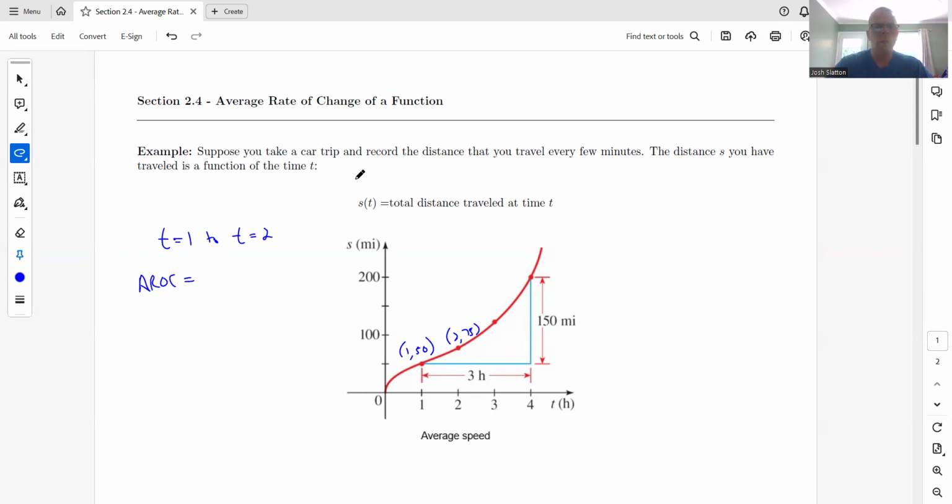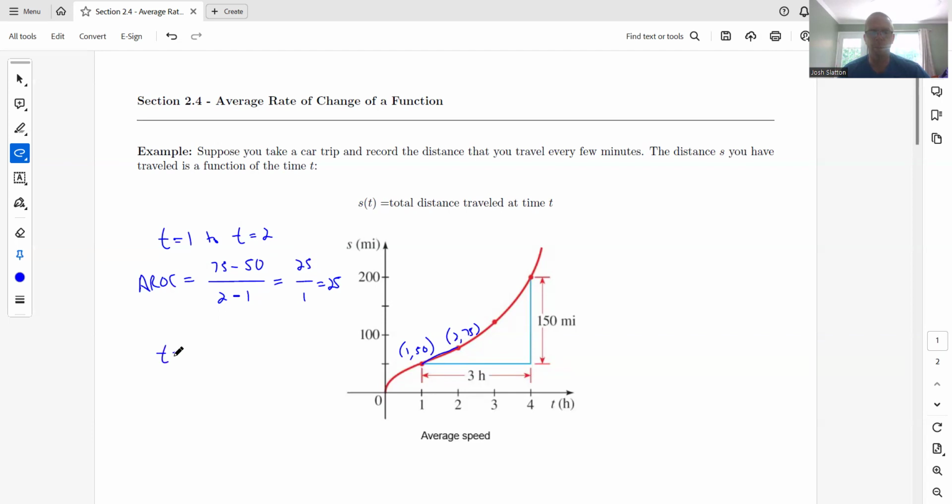So we have the difference in the y values, 75 minus 50, over the difference in the x values, s and t in this case, but we can say y and x, and we get 25. So the average rate of change, or the slope of the line connecting these two points, and we'll assume it's straight, is 25.